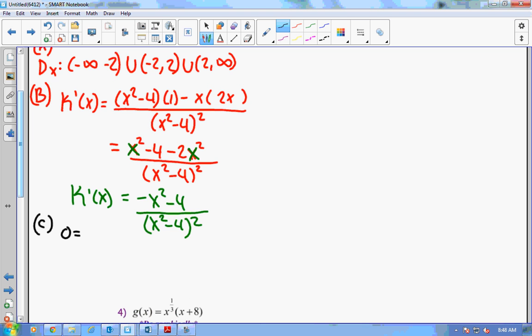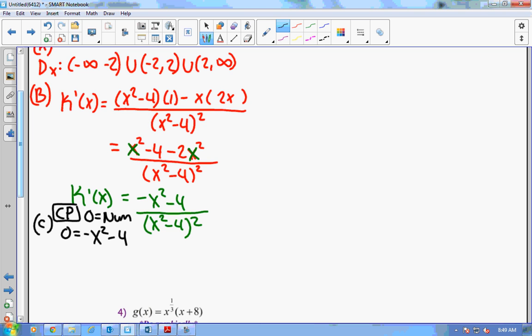If I times the denominator over to 0, doesn't it just go away? So with critical points, you're really only looking at the numerator set equal to 0.